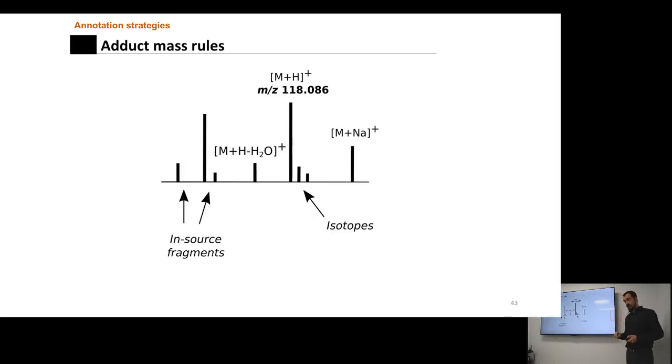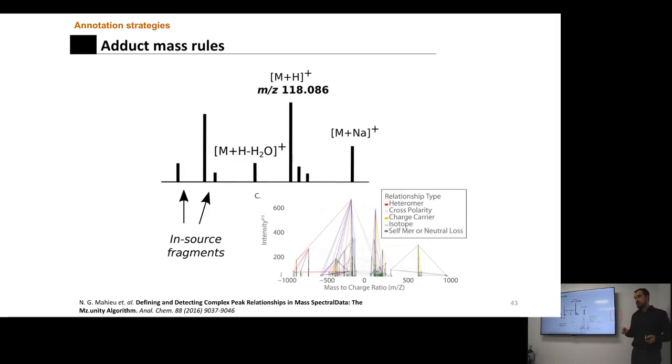Now, again, there are a lot of features that are going to remain unannotated because there are complex relationships, complex phenomena happening in our mass spectrometer. And this is something that they studied in this interesting article by Majumder and colleagues, where they propose, well, if we use more complex relationships, we can maybe get a better idea of what these other features are.